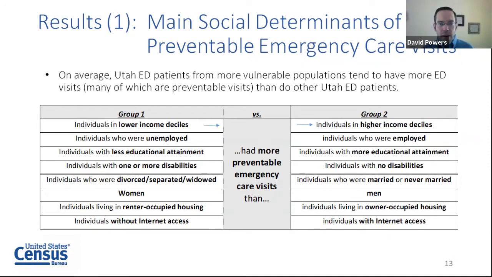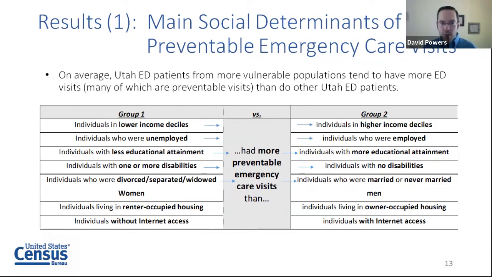Specifically, individuals in lower income deciles tend to have more preventable emergency care visits than those in higher income deciles. Individuals who are unemployed tend to have more preventable emergency department visits than those who are employed. Those with less educational attainment tend to have more preventable visits. Those with one or more disabilities.